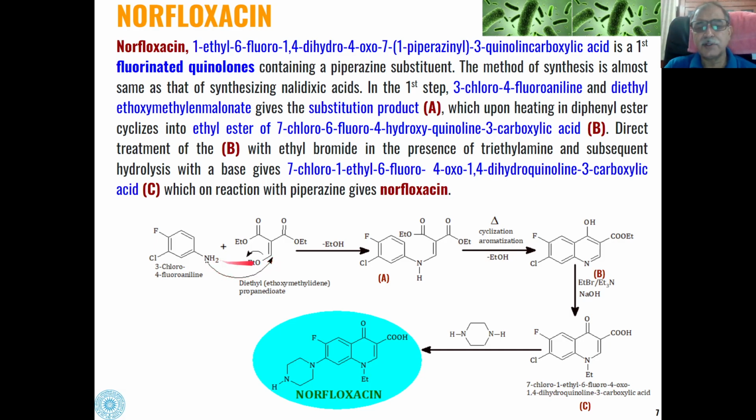With the elimination of ethanol, we will get this type of substitution product, and this substitution product in a similar way will undergo cyclization and aromatization on heating in the same manner as we have seen in case of ciprofloxacin.